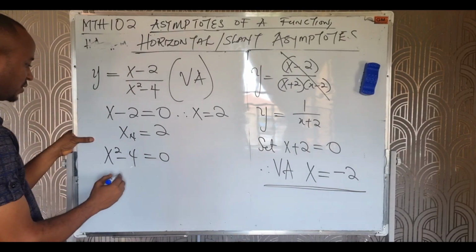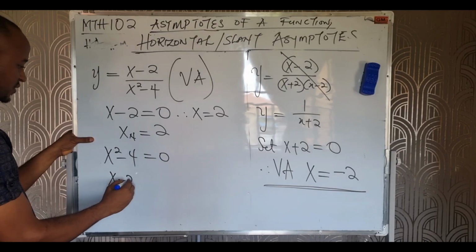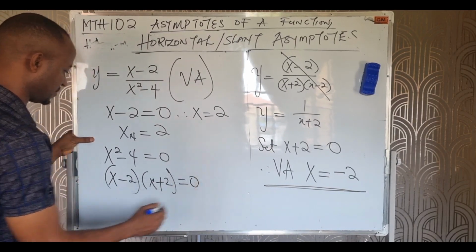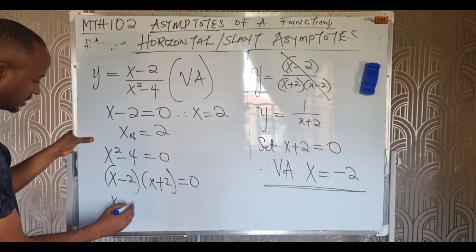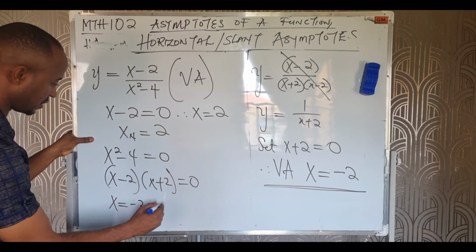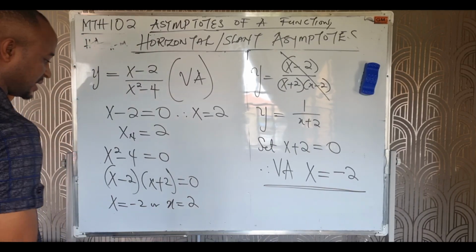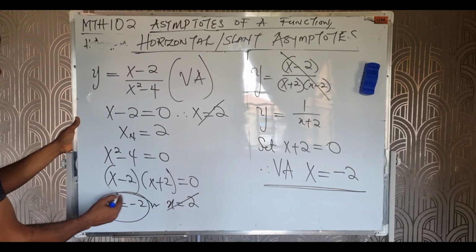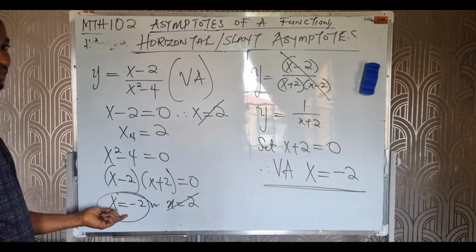So what we have here becomes x minus 2 times x plus 2 equals 0. So we have x equals 2 or x equals minus 2. What we notice here is that since 2 occurs here, these two can go with these two. We are left with this. So the value of x here that remains is the value of the vertical asymptote.